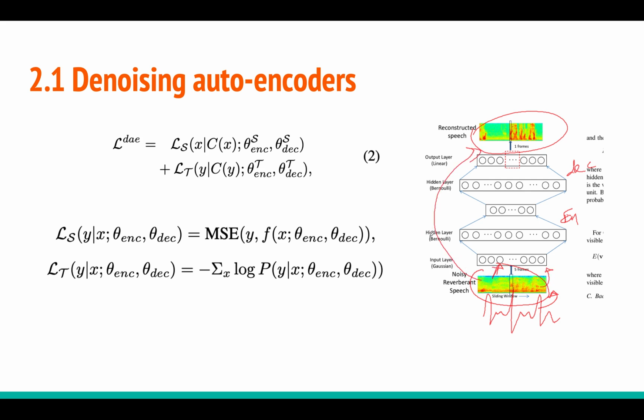And how do you do it? You just use mean square error loss like this, and if you optimize this model, you'll be able to generate the same spectrogram of whatever you are giving here. The model will try to generate it here.